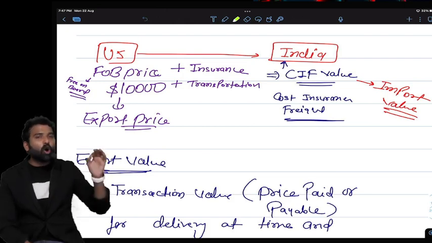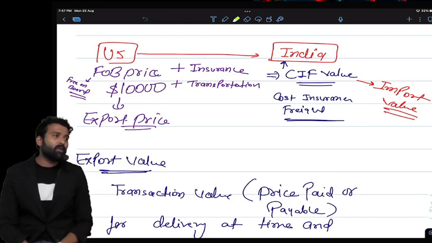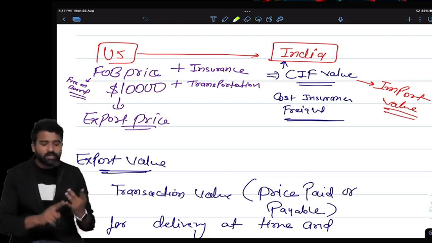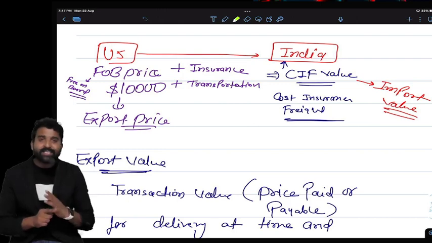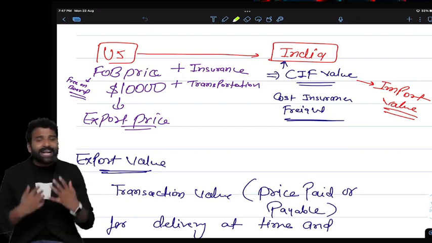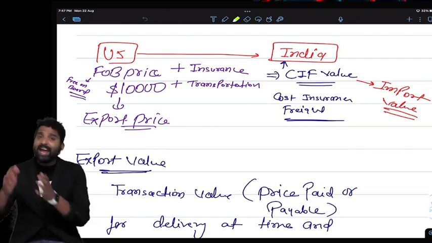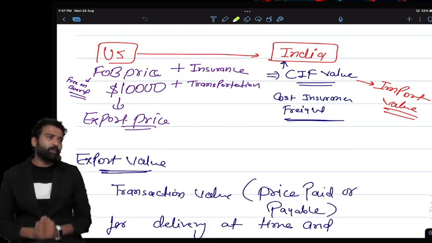That cost will be the import value, and on that value I have to pay the custom duty. So not only the price I have paid for purchasing the goods, I also have to add insurance. I also have to add transportation. I also have to add any unloading charges, and that will make the CIF value. On that CIF value, I have to pay the import duty.